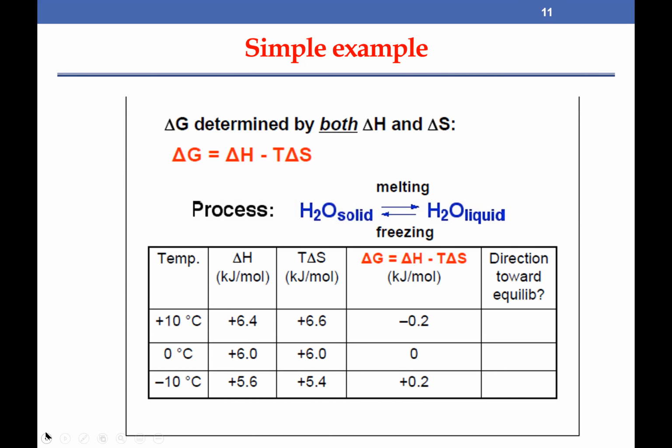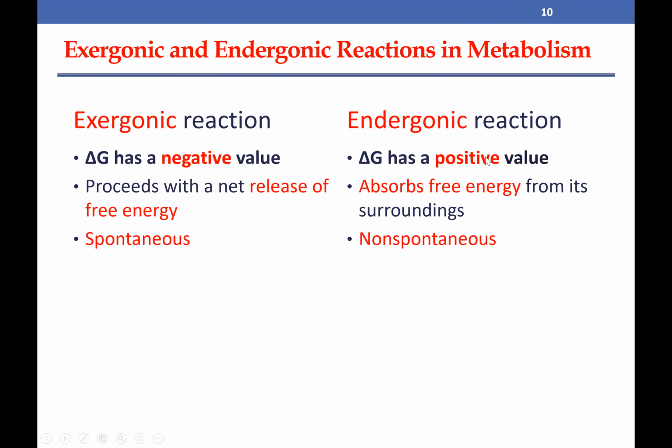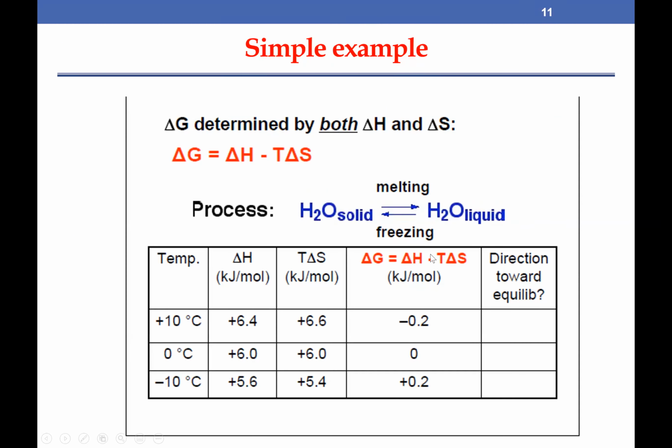Like I mentioned before, positive delta G means the reaction is non-spontaneous. Non-spontaneous means it's not favorable for this reaction to happen, which is the forward reaction. So instead of the forward reaction happening, what's going to happen is the backward reaction. So the water is going to freeze to become solid because delta G is positive. Does that make sense?